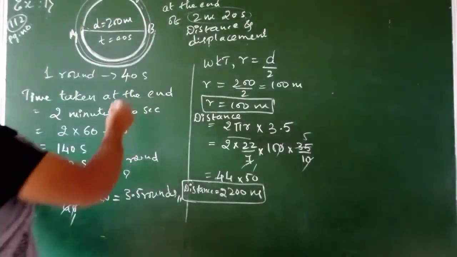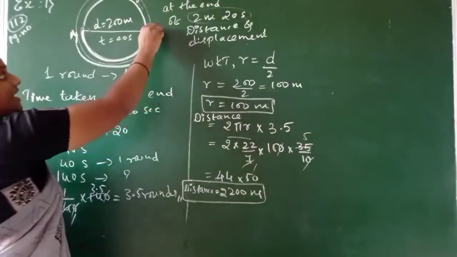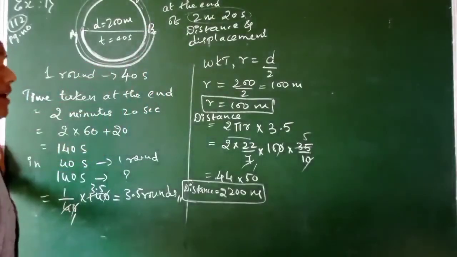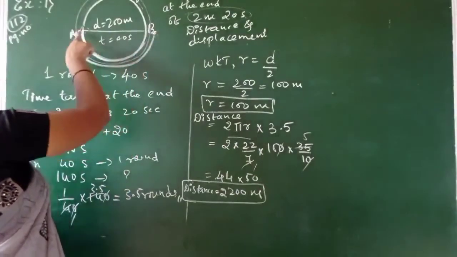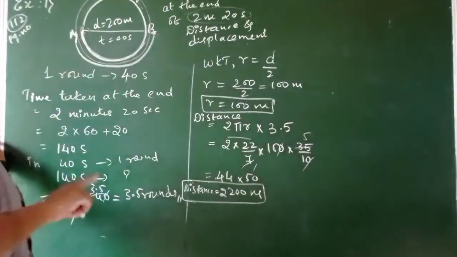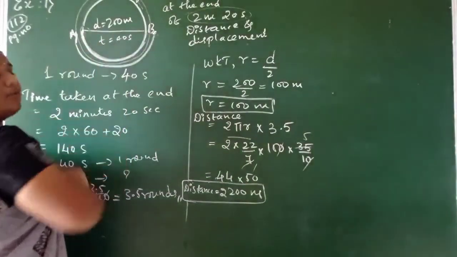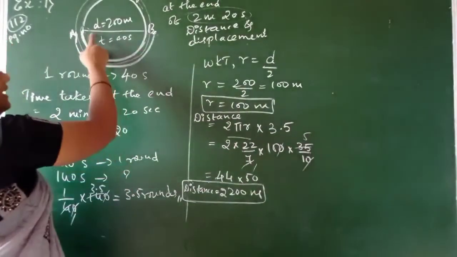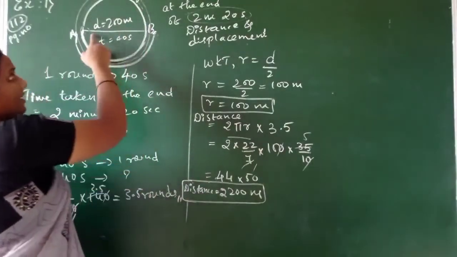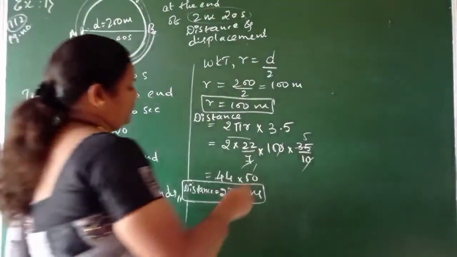Isn't it, children? So, at this moment, where he stopped, this is the final position. This final point is diametrically opposite to the initial point A. Hence, we can take the displacement as the diameter value.